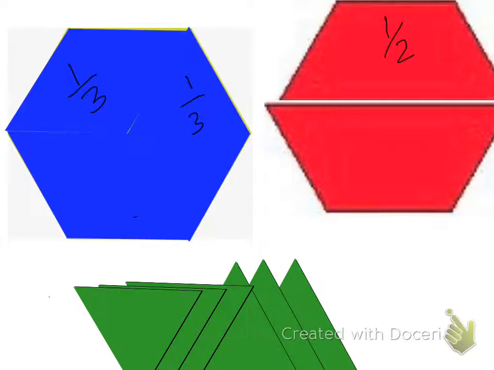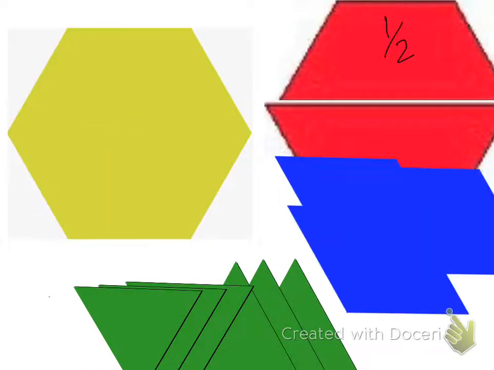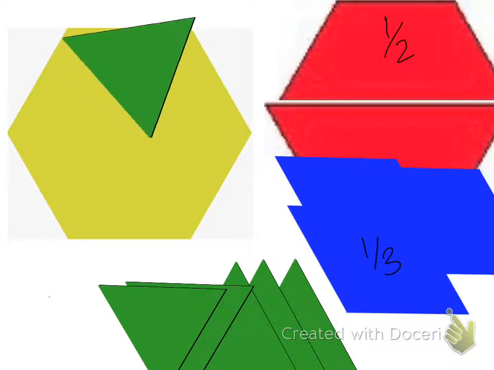Now let's try with the green ones. Remember, these ones are 1/3. So with the green pattern blocks, we move them on. There we go.